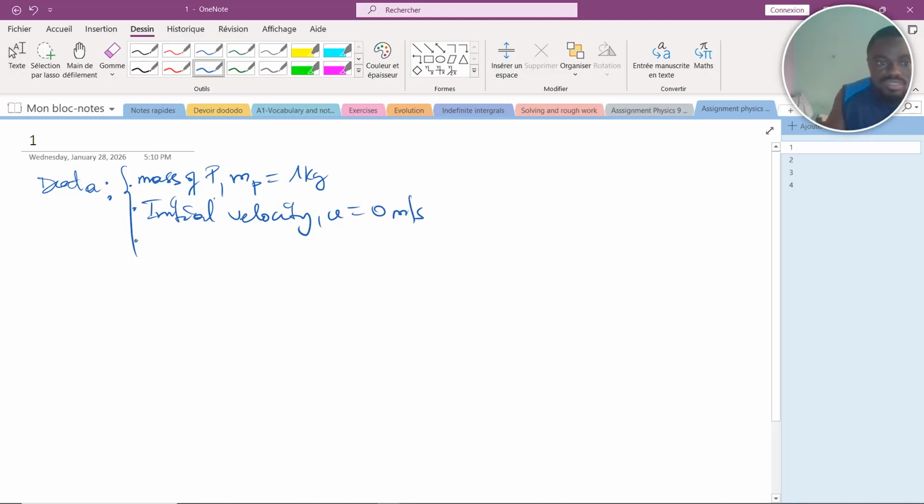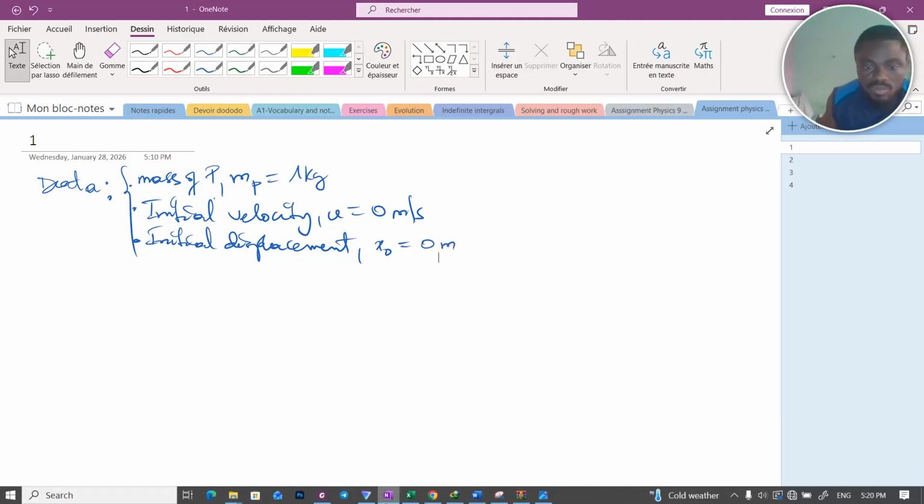It also means that at time t equals 0 seconds, its initial displacement, if I call this x0, equals 0 meters.